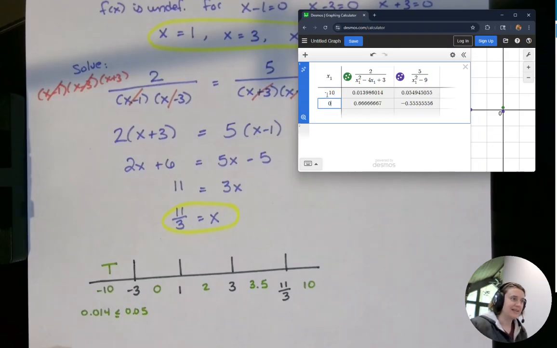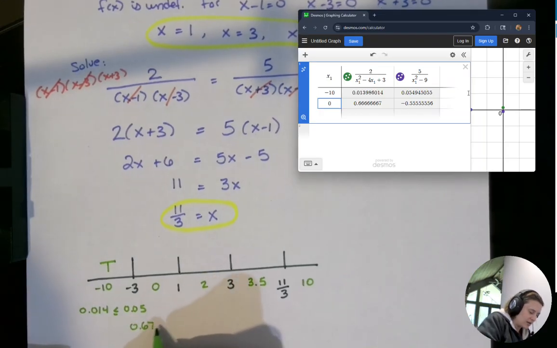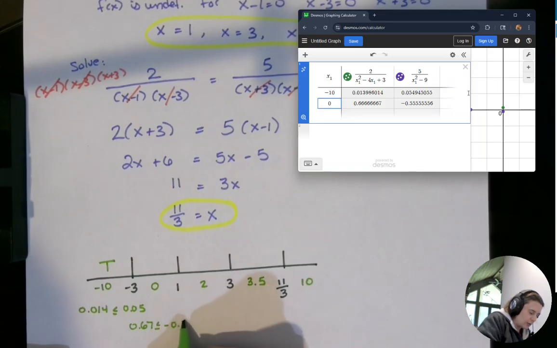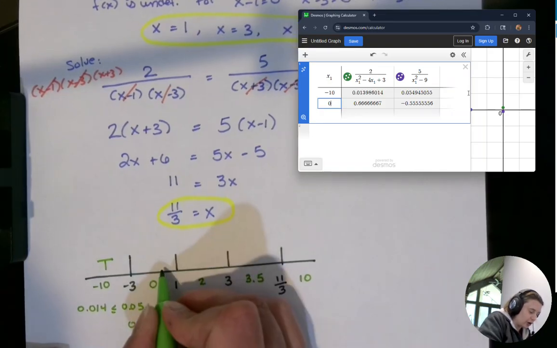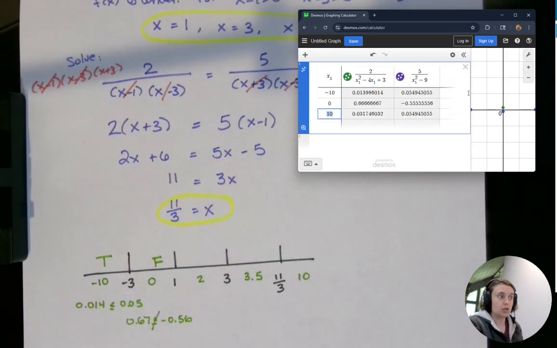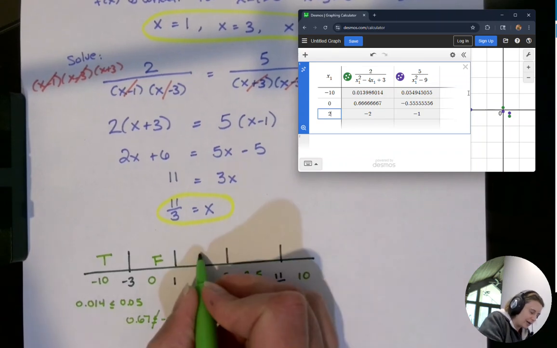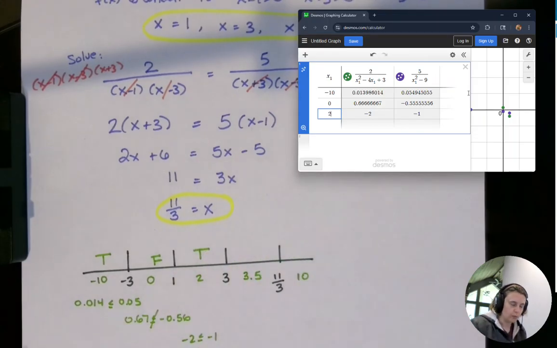When I plug in 0, I've got 0.67. Is that less than or equal to negative 0.56? That's definitely false. When I plug in 2, negative 2 less than or equal to negative 1, that is true.